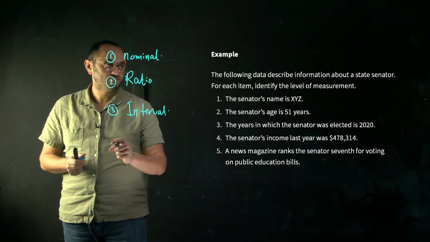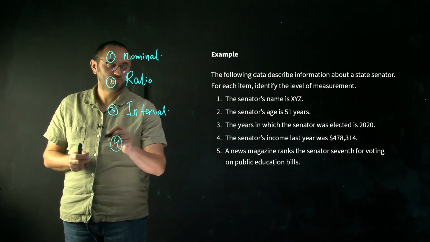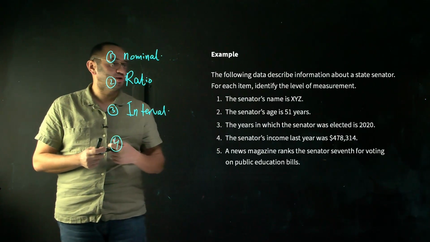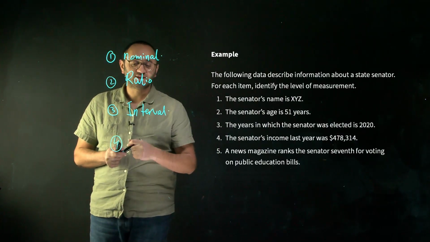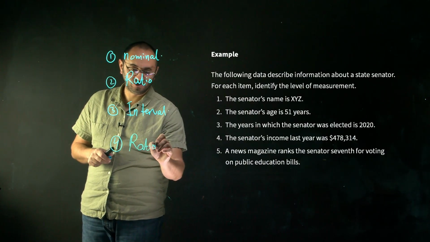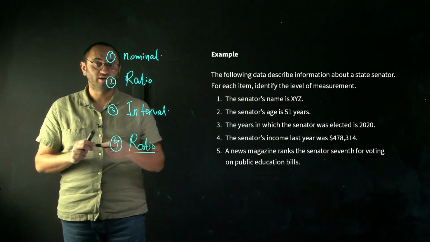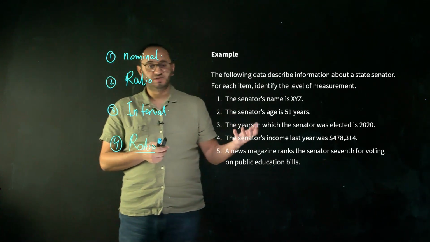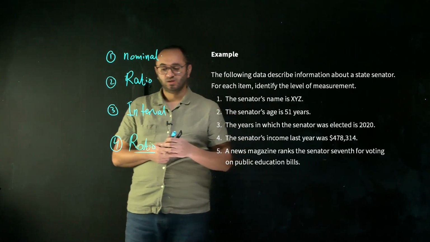Number 4, the income. The senator income is more than 400K. So this is ratio. Money in general is an example of ratio level of measurement, because 0 means you don't have money, right?